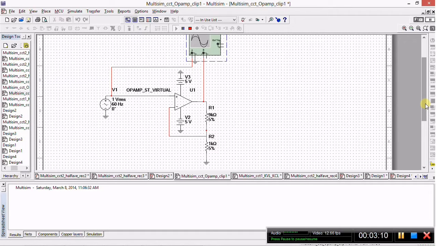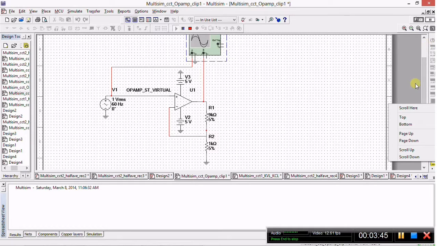We have an input of 1 volt RMS, and the gain would be 1 plus R1 divided by R2, where R1 is 9 and R2 is 1. So we have a gain of 1 plus 9 divided by 1, which is 1 plus 9, so we expect a gain of 10. The voltage at the input should be amplified 10 times and displayed at the output.